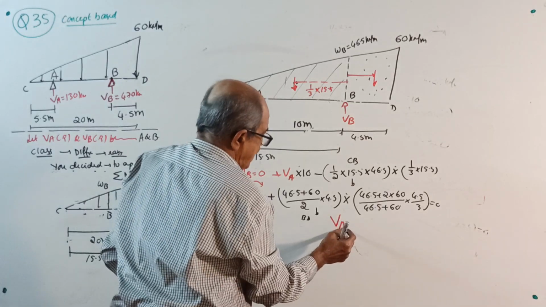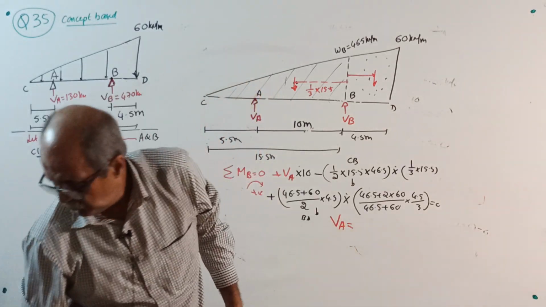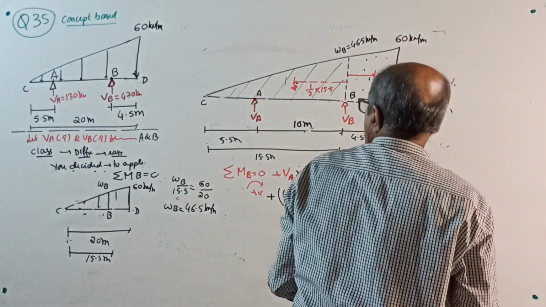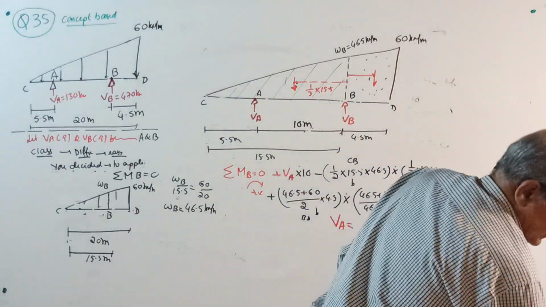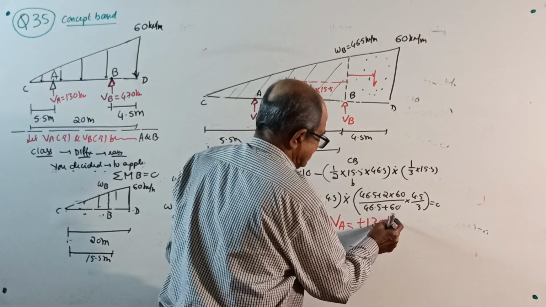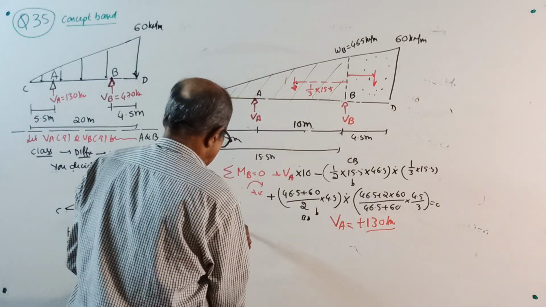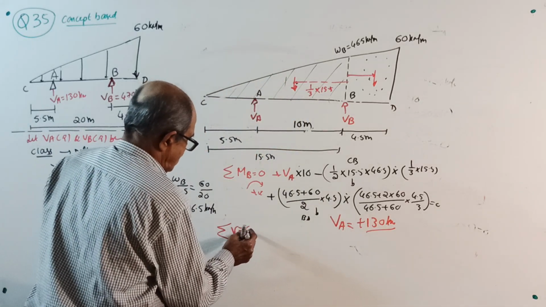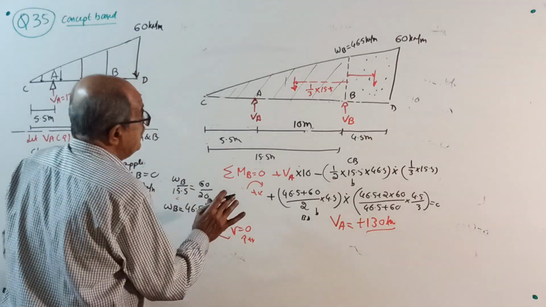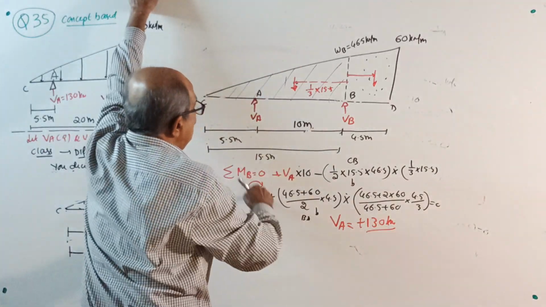You will get VA equal to, let's calculate. Where is the calculator? Plus 130 kilonewton. Some will tell, sir, cheating. Okay, plus 130 kilonewton. Then sigma V equal to 0, upward positive. This time, right here, no splitting. We want only the load.